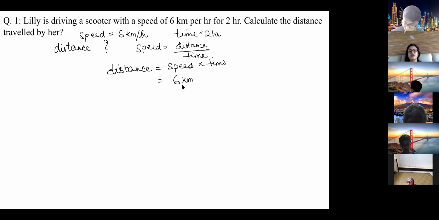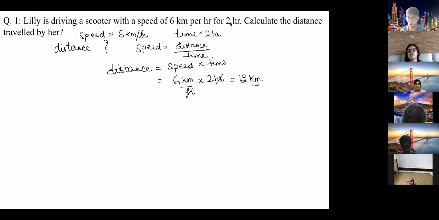6 kilometer per hour into 2 hour. Hour cancels out. So the answer is 12 kilometers. 6 twos are 12. Hour cancels out. If one is in minutes and one is in hours, you cannot do the calculation.